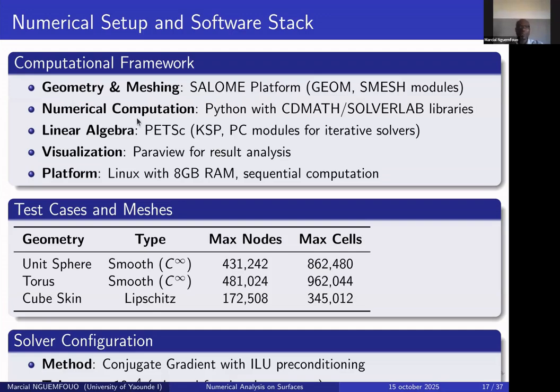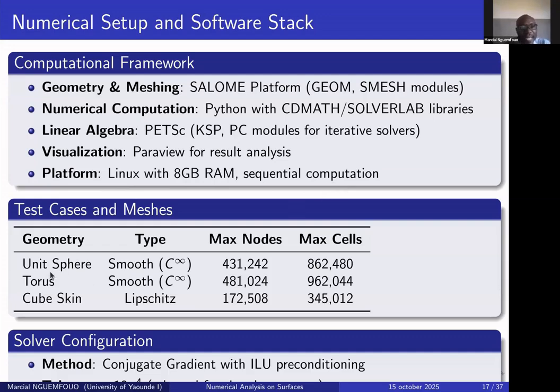Numerical computation uses Python with CDMaths and a solver library, and linear algebra uses PETSc. Our visualization is through ParaView for our numerical results. Our simulation is run on Linux with gigabytes of RAM, with sequential computation.